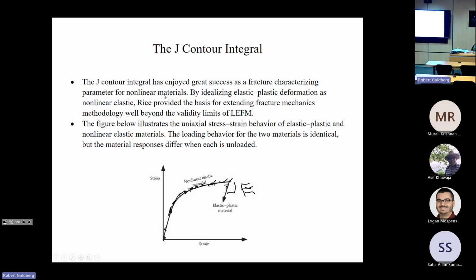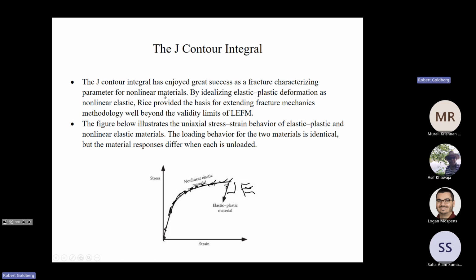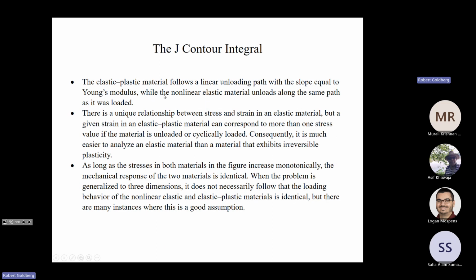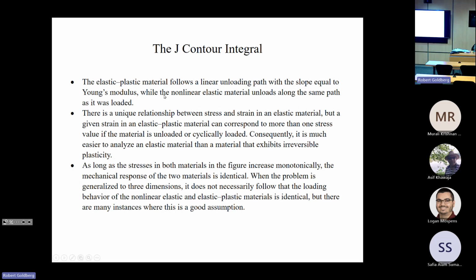So if you have unloading of the material, cyclic loading, or a multi-axial stress state where your loads are applied differently, the stress and the strain aren't uniquely related. It's called path dependent, in that your plastic strain depends on how you get there, not just on the stress that you have. As a result, it's much easier to analyze a nonlinear elastic material than a material that exhibits irreversible plasticity.